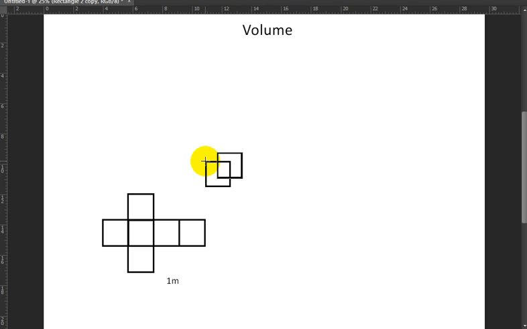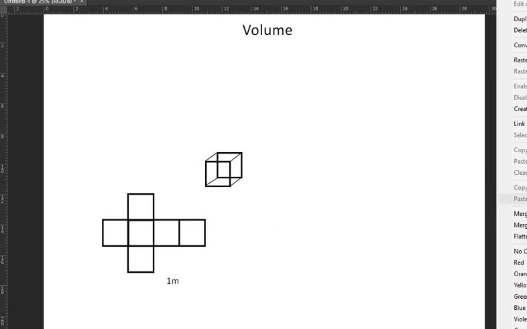And you've probably heard this before when we say, for example, a Rubik's Cube, right? You've all seen Rubik's Cubes. A cube is a three-dimensional shape in which all of its sides are equal.